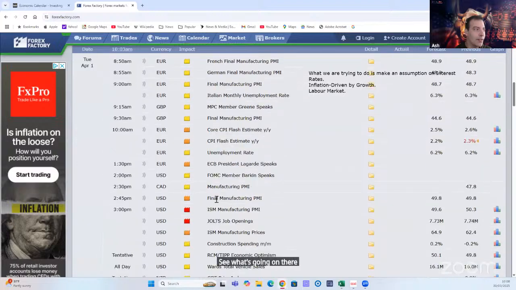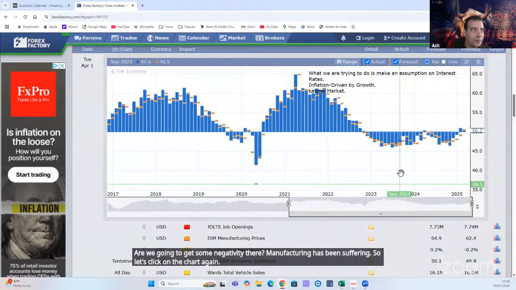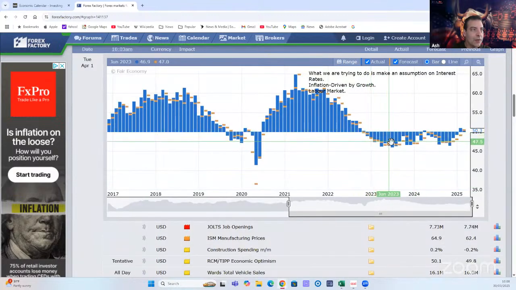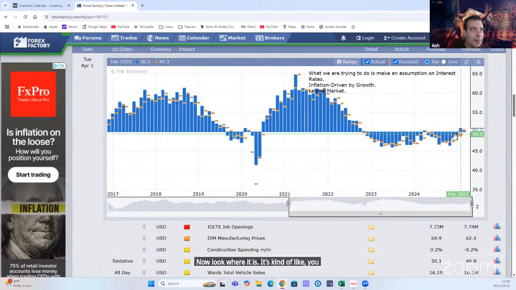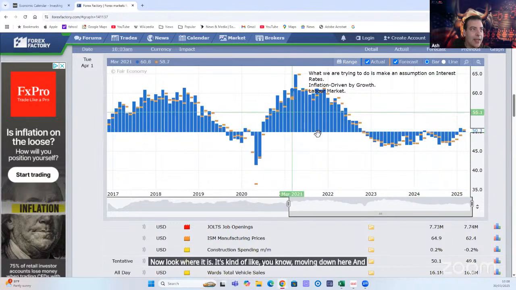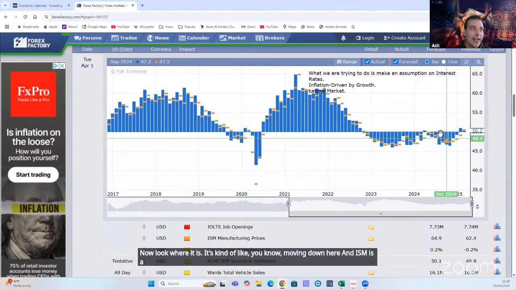But CPI data, ISM manufacturing. This is PMI data from the United States. Are we going to get some negativity there? Manufacturing has been suffering. So let's click on the chart again. Now look where it is. It's moving down here. And ISM is a decent leading indicator for GDP.